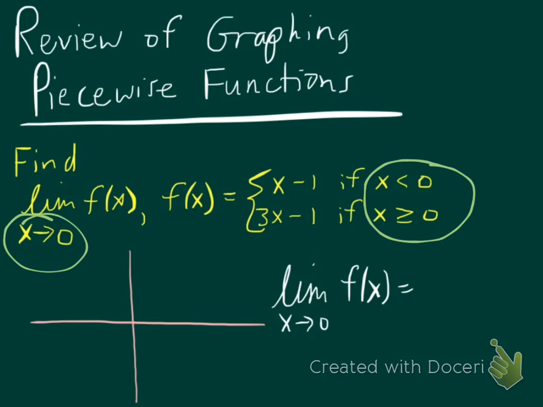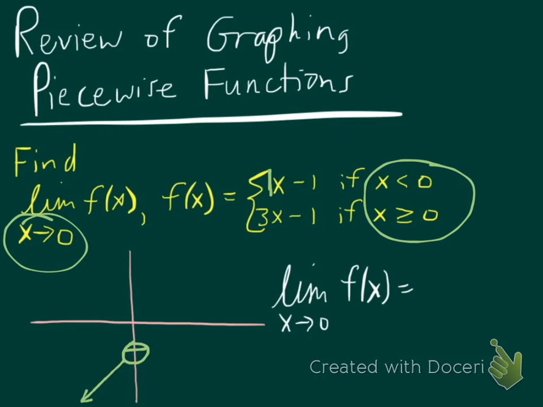If we plug in 0 into the top piece, we see that we have a slope of 1 and a y-intercept of -1, so this function to the left of 0 is a line that has a slope of 1 and a y-intercept of -1. A slope of 1 looks something like that. Okay, so that part of the graph goes down there.